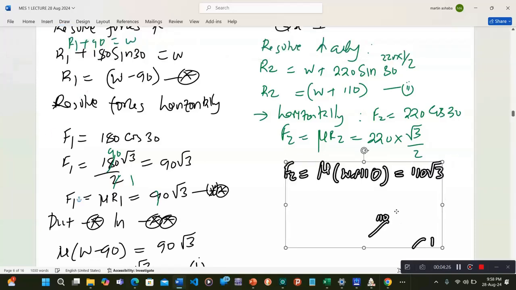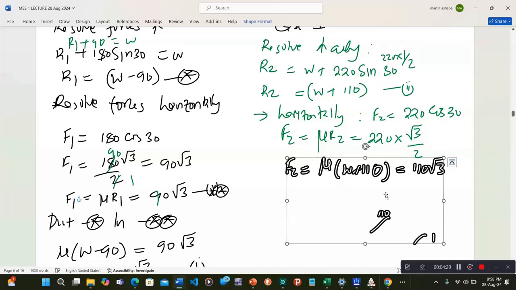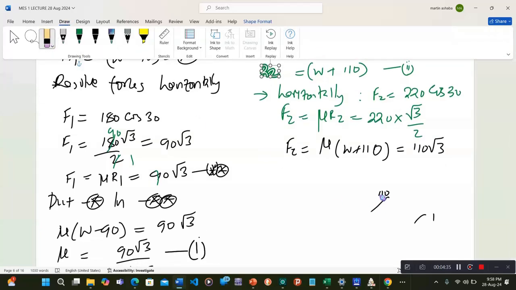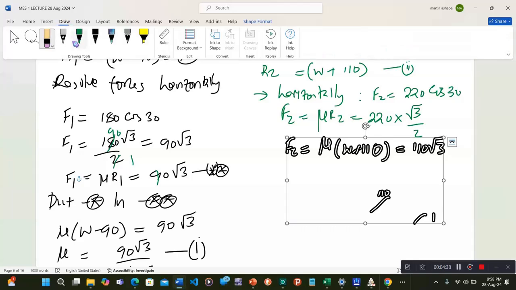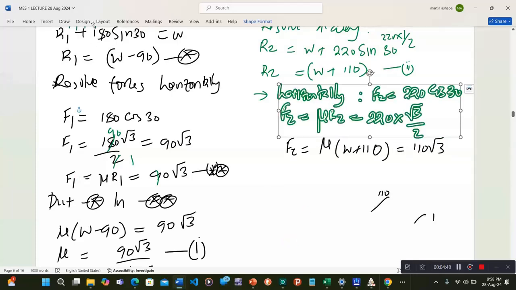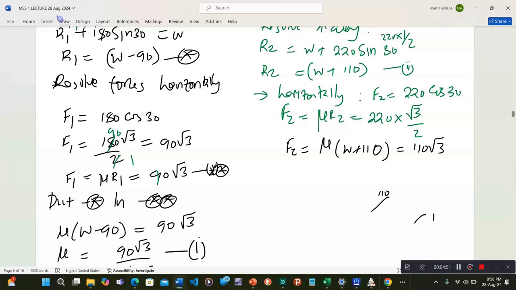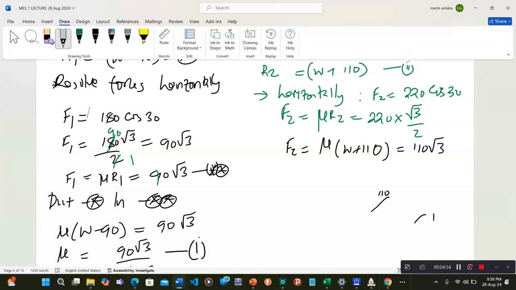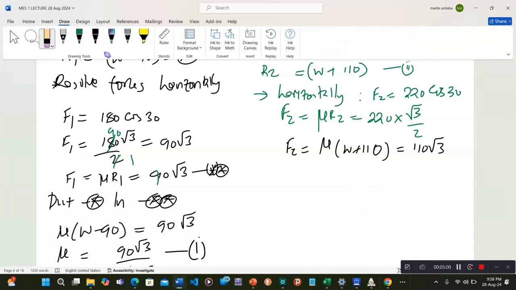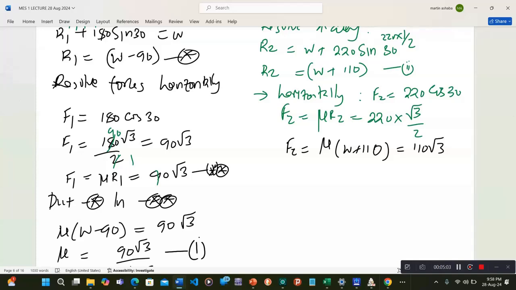How do I get that? This is from equation 2.